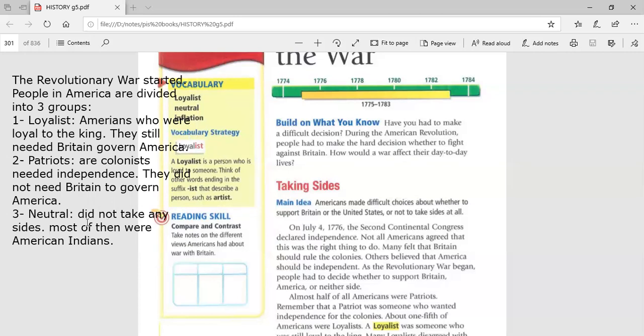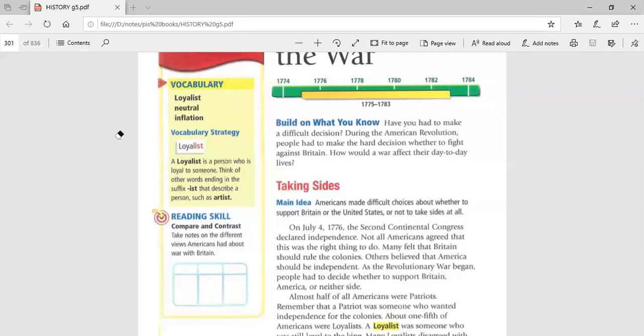And number three, the neutral, most of them American Indians, who didn't take any side. They didn't support the Loyalists or the Patriots. They are in between. They didn't need war at all.